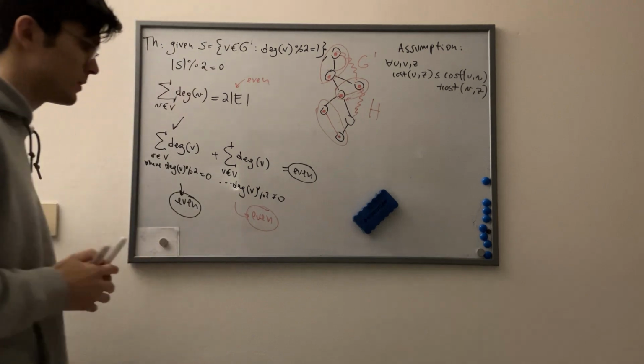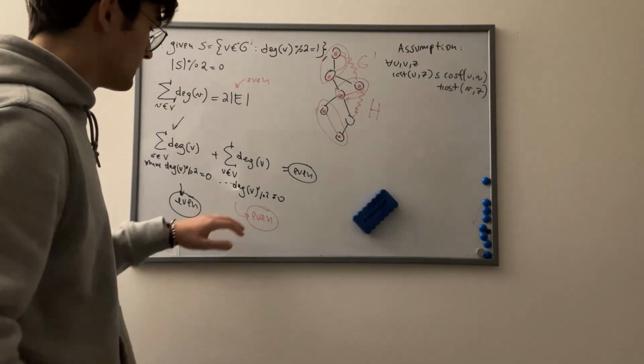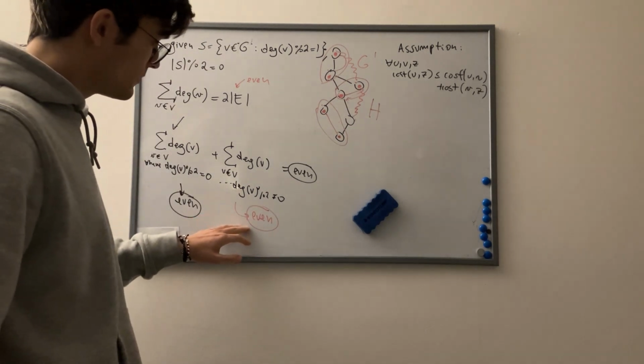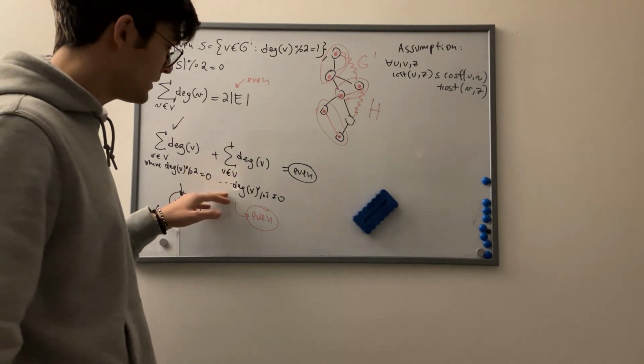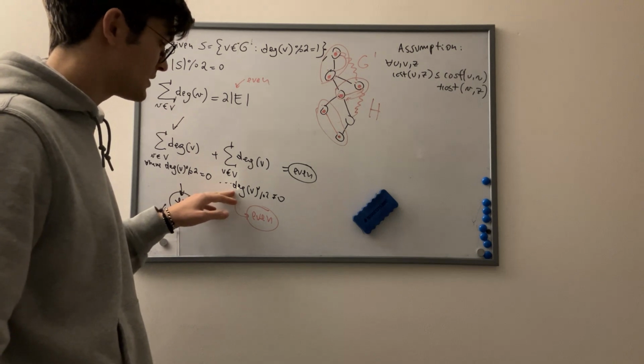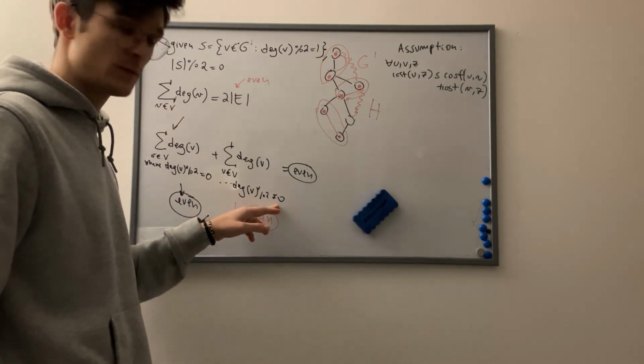Okay, so this is what we are observing. This summation has to be even. But remember that here we are summing numbers which are odd.